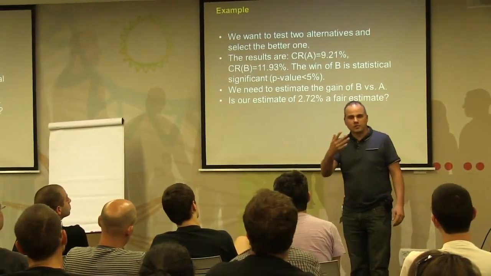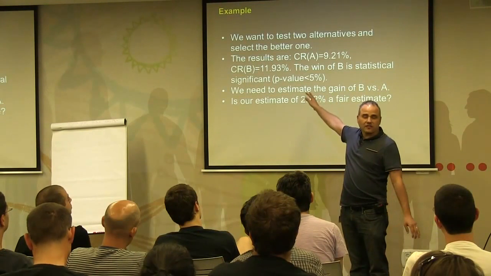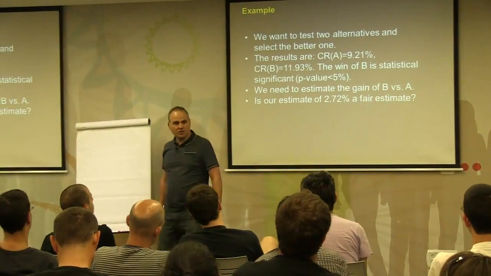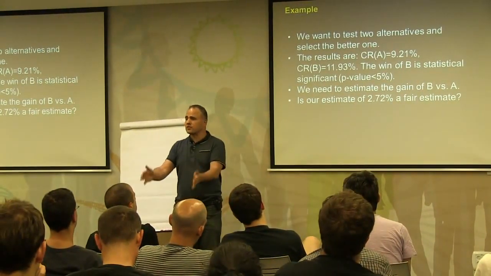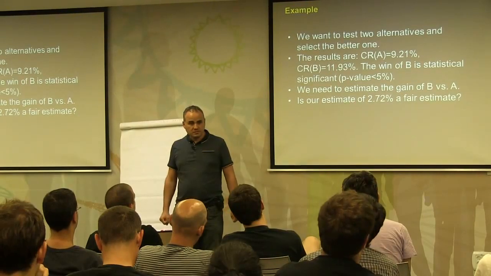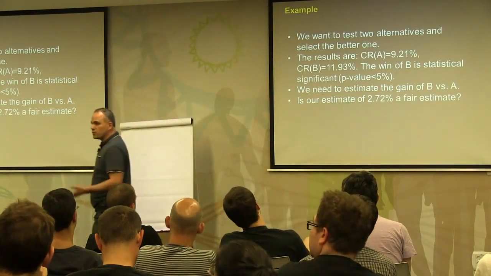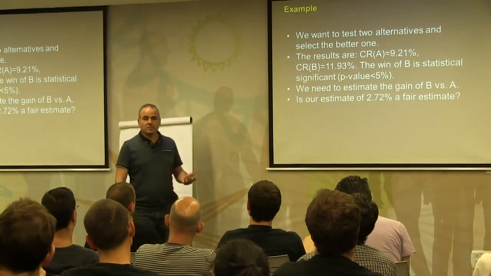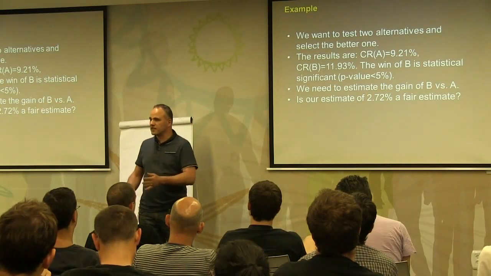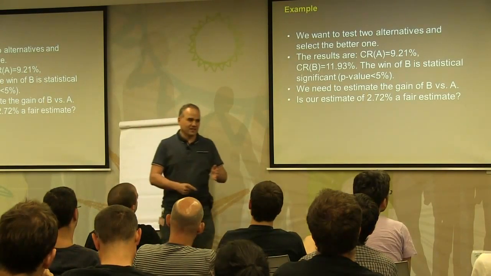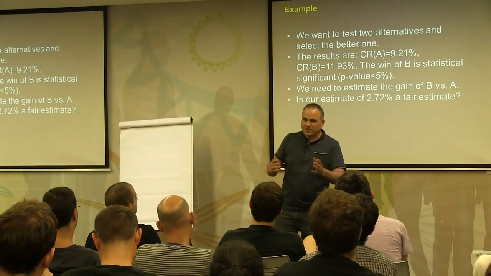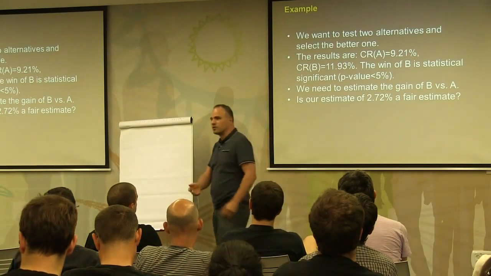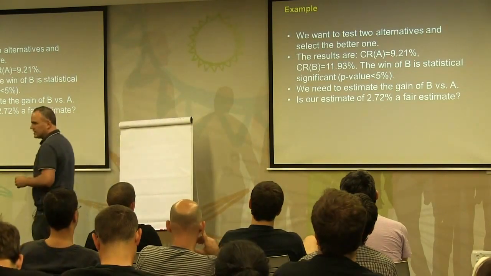Let me tell you what I mean, okay? After I have these results, I'm going to test B versus A again, for a certain period of time. I'm asking you to estimate what the difference between B and A in terms of conversion is going to be. You cannot be accurate, but let's say you are measured by root mean square error, the difference that will be there minus the difference that you called, to the power of 2.